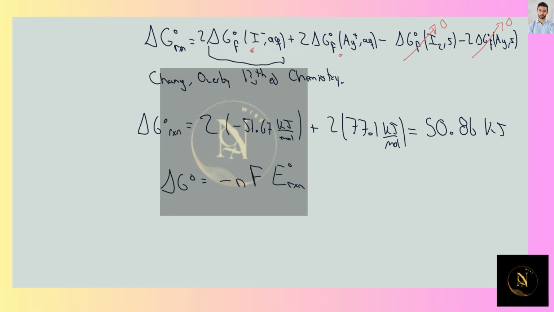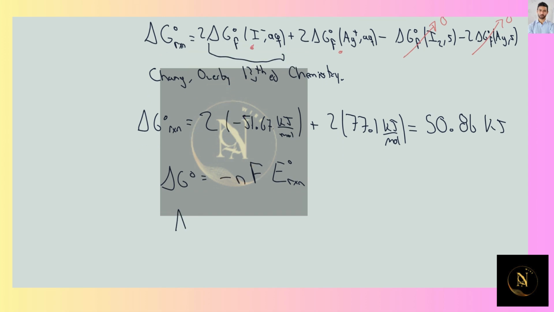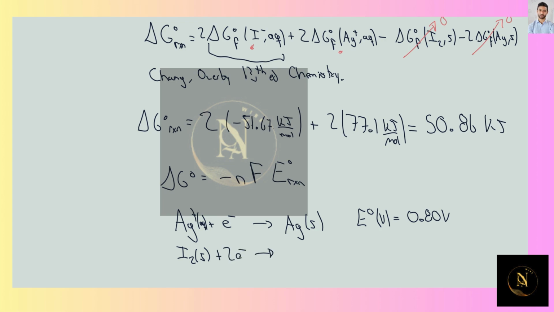For example, the reaction of silver plus plus 1 electron producing silver as a solid has a redox potential equal to 0.80 volts. The reaction of iodine as a solid plus 2 electrons producing 2 iodide in aqueous medium has a value of 0.54 volts.